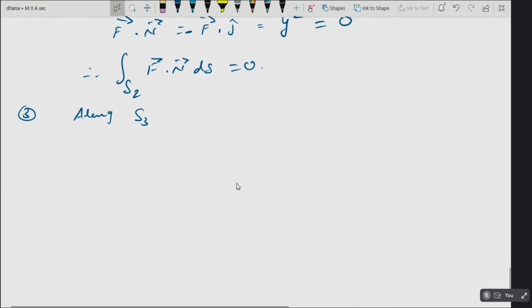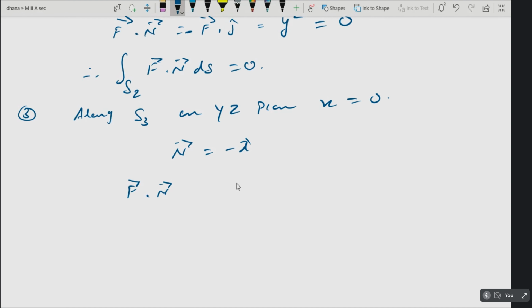So on S3, it is on the YZ plane. So x is equal to 0 here, and the unit normal vector is minus i cap. So f bar dot n bar, which is f bar dot minus i cap. What is this result? Calculate the dot product.